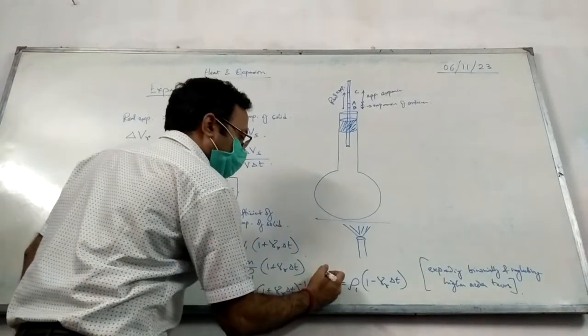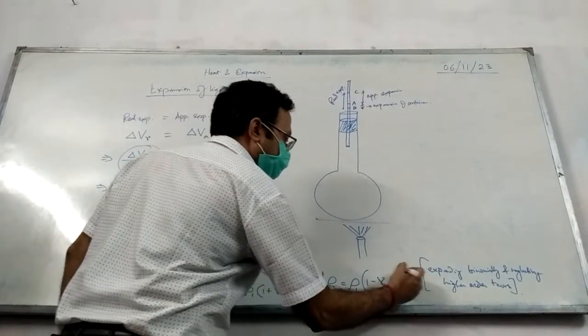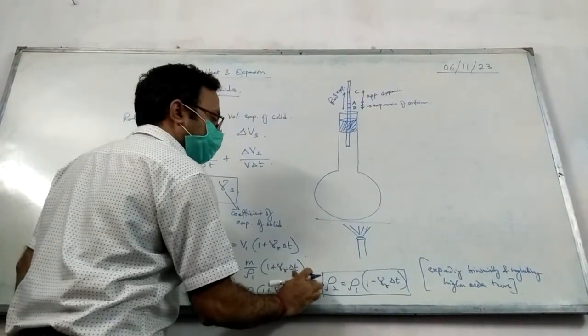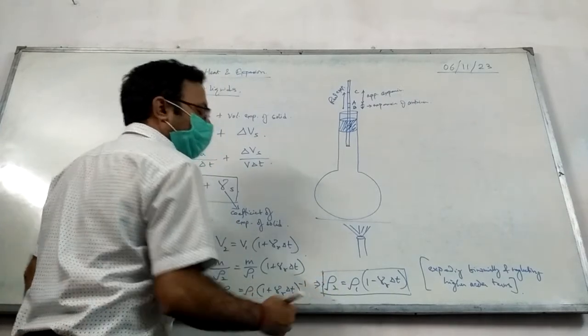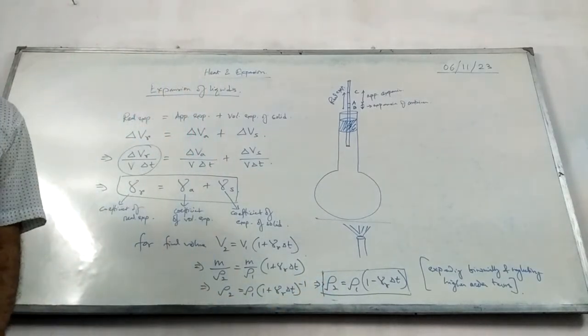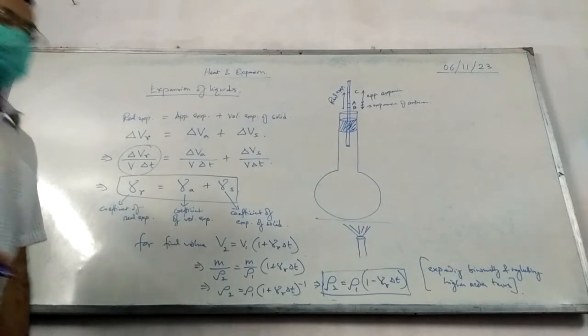So this rho 2 is the final density and rho 1 is the initial density.